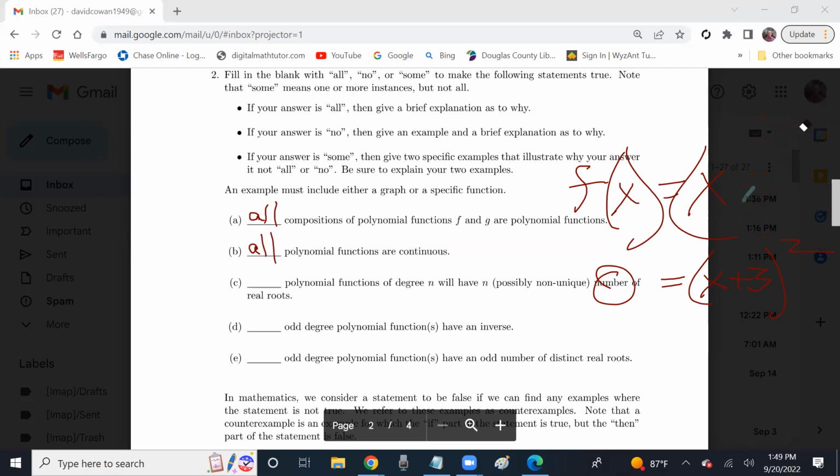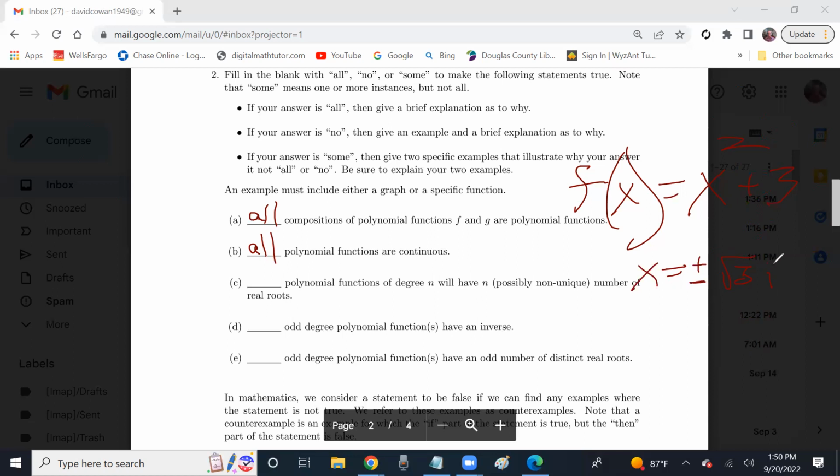Let's make this x squared plus 3. Now that has no real solution. In other words, when I set f of x equal to 0 to try to find the roots, I get x squared equals minus 3, which does yield 2 solutions, but they are plus or minus root 3 i. So there's 2 solutions, but neither one of them are real.